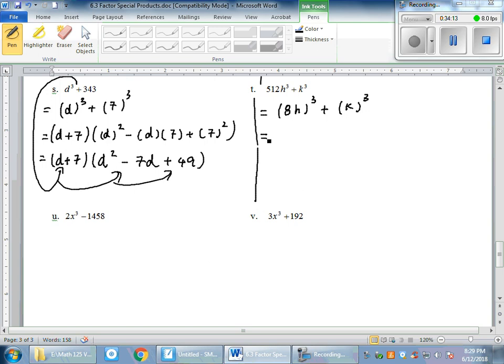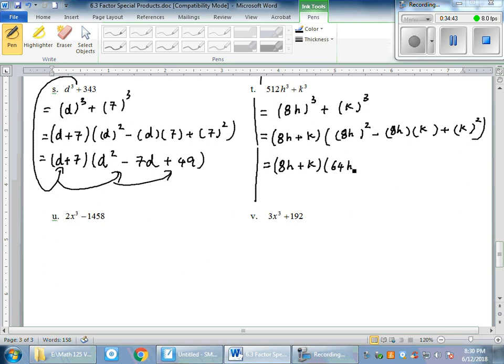Now using our formula, that will be first plus last, and then first square minus first times last plus last square. So that will be 8h times k, and then k squared, which makes my final answer 8h plus k, times 8h squared, which is 64h squared, minus 8hk plus k squared, which will be my final answer.